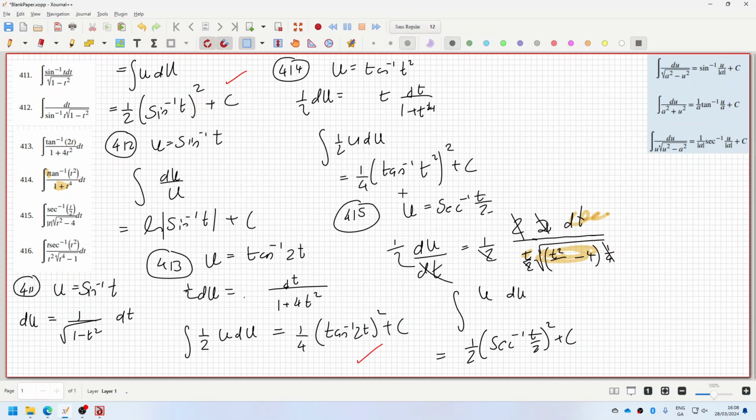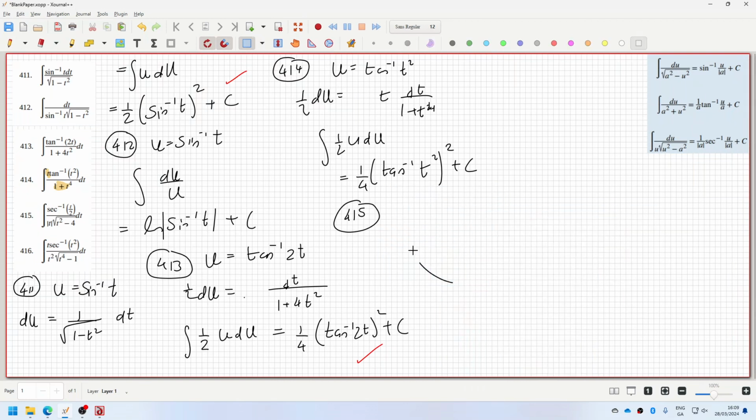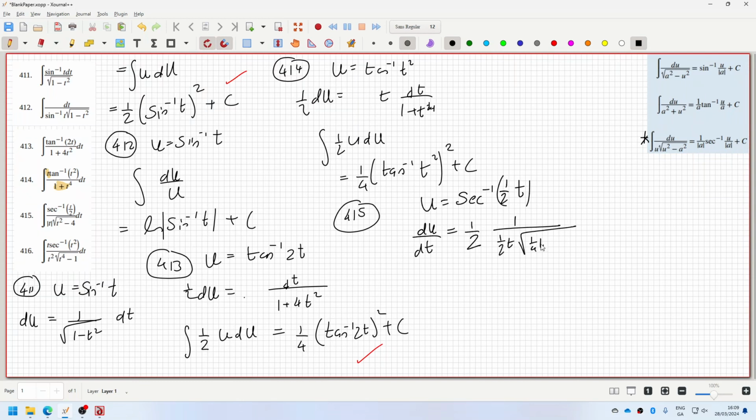Let's try again. u equals sec inverse a half t. So du dt equals a half, and then using this one here, 1 over a half t root a quarter t squared minus 1.